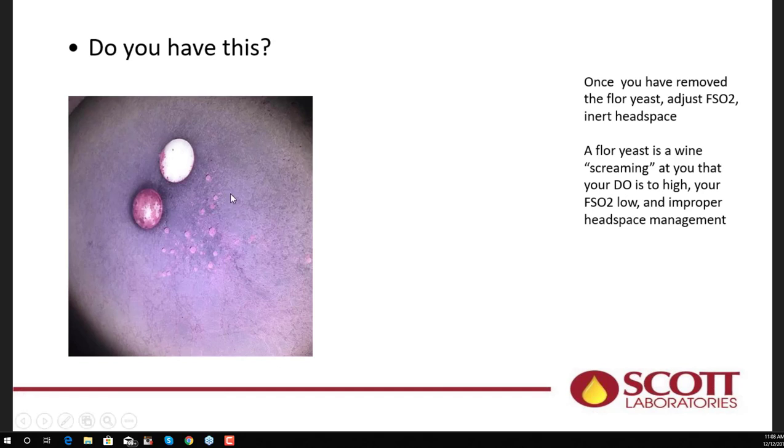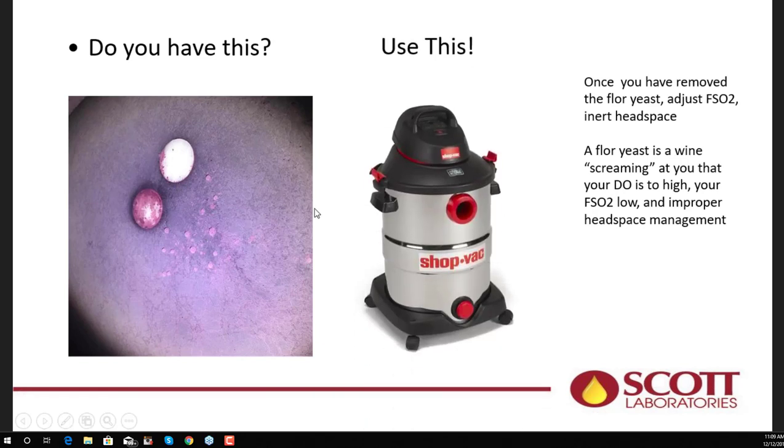If you have this, it's the wine screaming at you that you have improper headspace control. You probably don't have enough free SO2, and your dissolved oxygen in the wine is way too high. So you can remove this, but there should be some remedial actions. What I recommend is to get a shop vac with a sanitized tip, and just literally vacuum this mycoderma off the top of the tank.